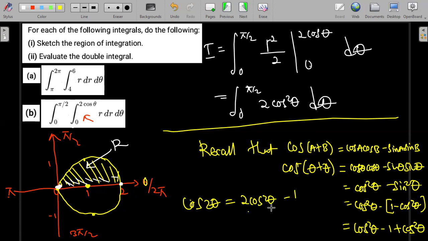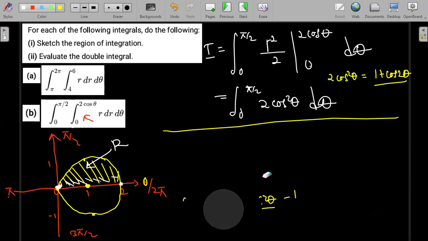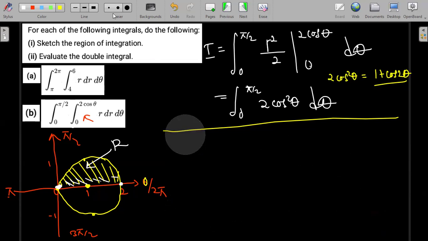Now I want to make this the subject. So my 2 cos squared theta is equal to 1 plus cos 2 theta. I'm going to replace this with this. So I've shown you where it's coming from.